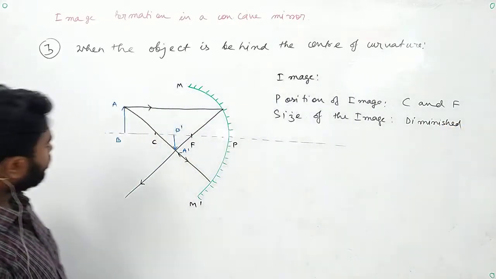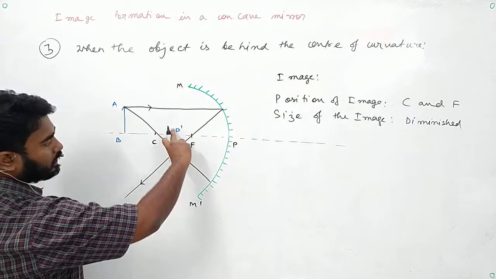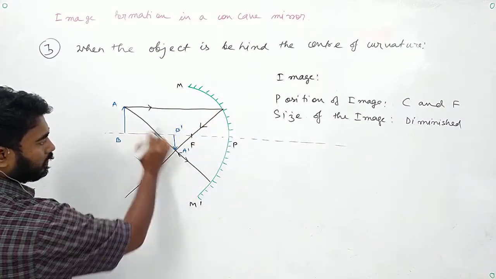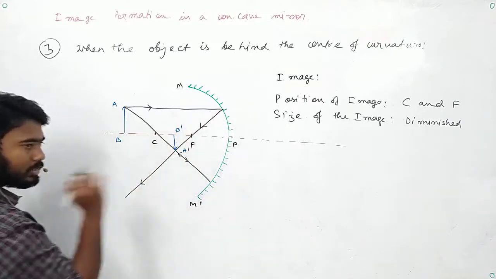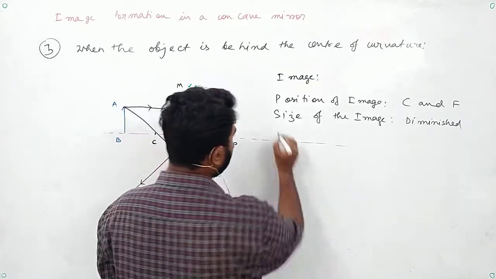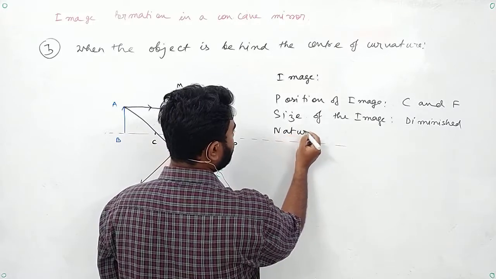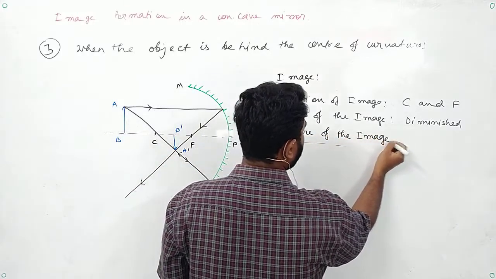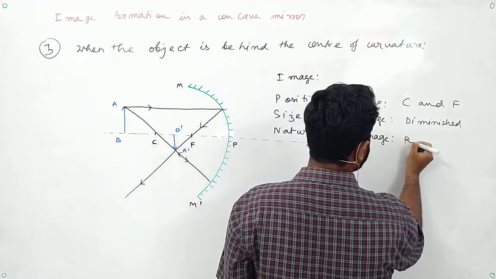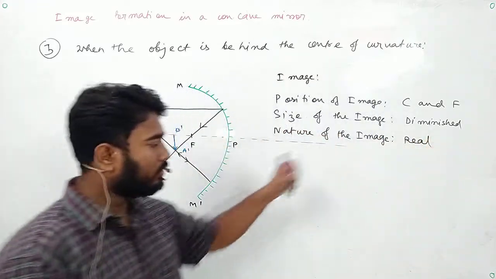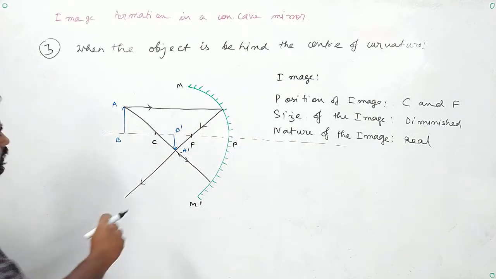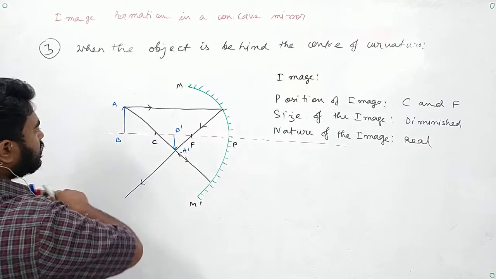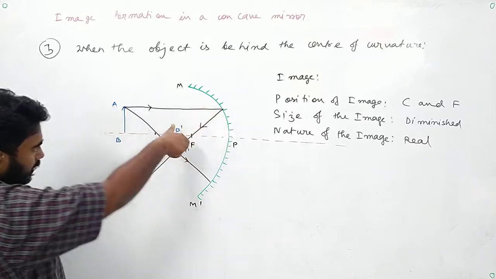Okay, now what about the type of the image? See, the ray of light has actually met. That's why the nature of the image is real. And see, A and B is upright in this case. Now it becomes inverted.